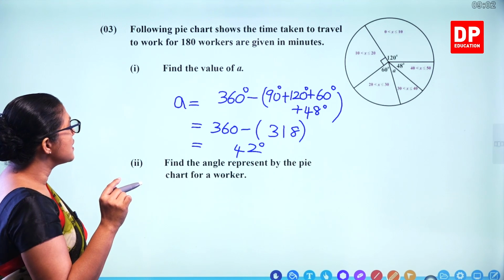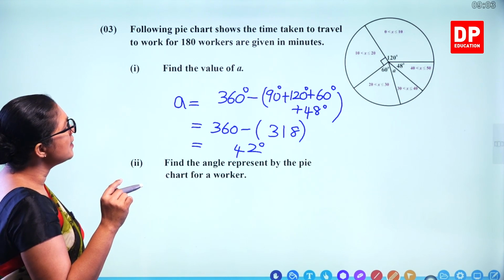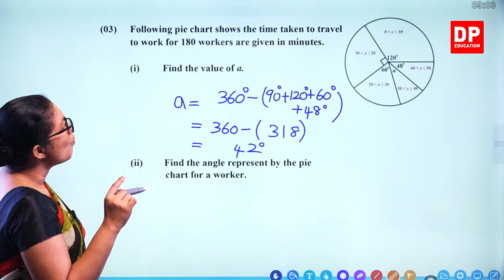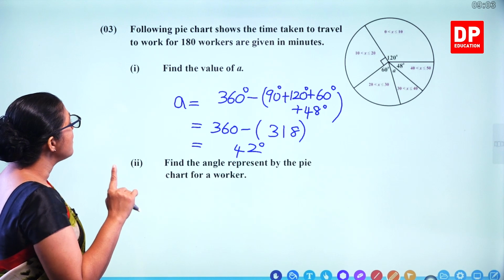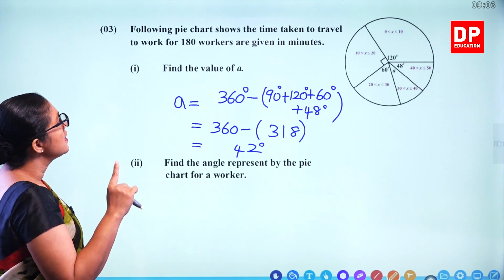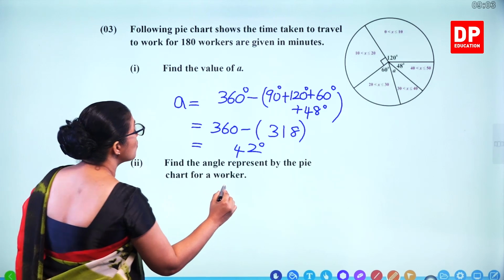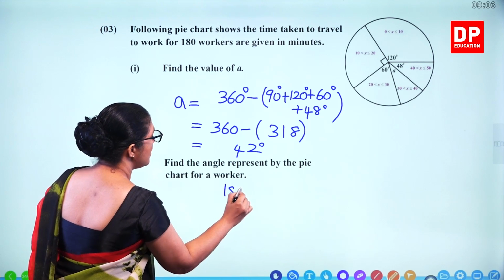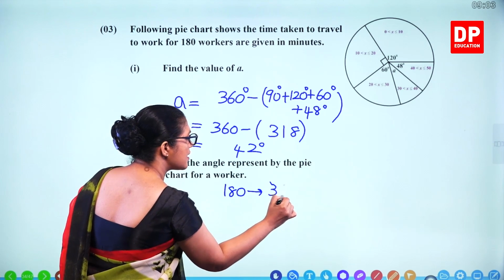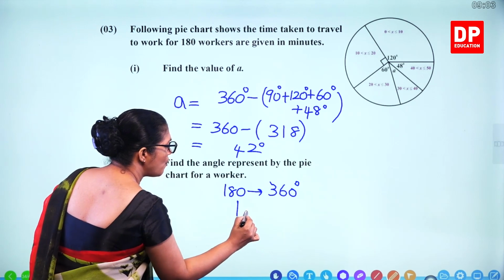Find the angle represented by the pie chart for a worker. So 180 workers, that's 360 degrees. So what about 1 worker?